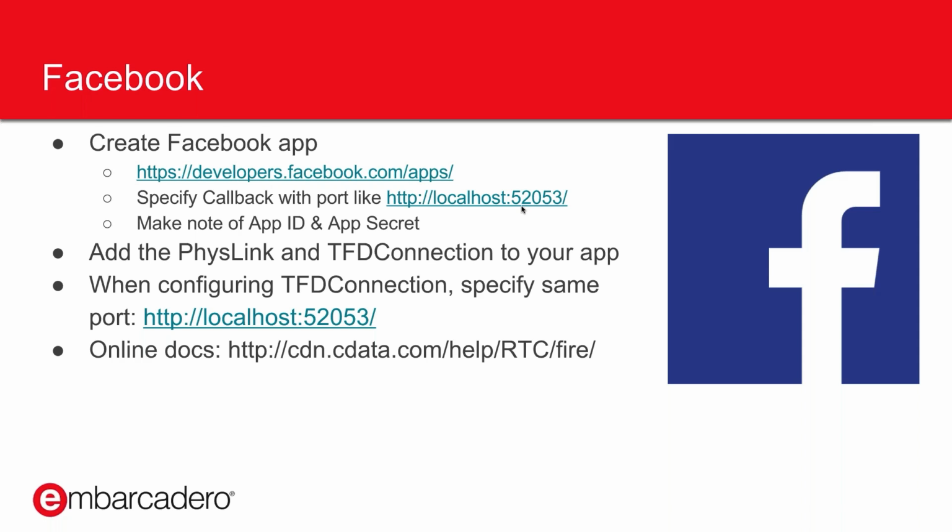It's possible that the machine you're running on may have something at this port. So like I said, you might specify a few ports on the Facebook app definition. You can specify multiple URLs, and then on the local machine, query those. And if one is not available, change it to a different port.